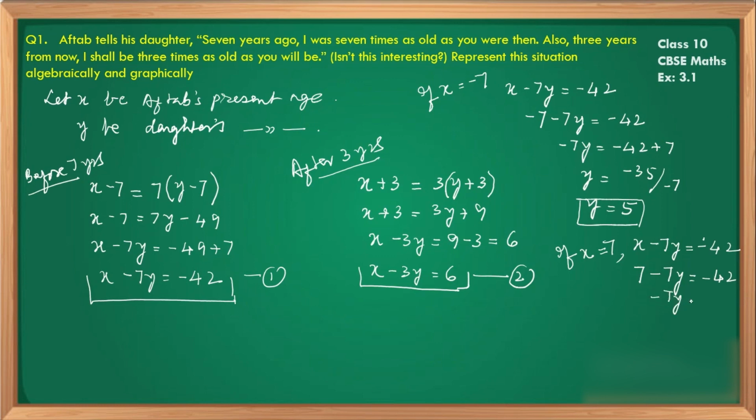Minus 7y is equal to minus 42 minus 7. You get y equals minus 49 divided by minus 7. You get plus 7 as the value of y. y is equal to 7. And this is another value of y. Now we represent it on the next page in the table and then go for the second equation also.